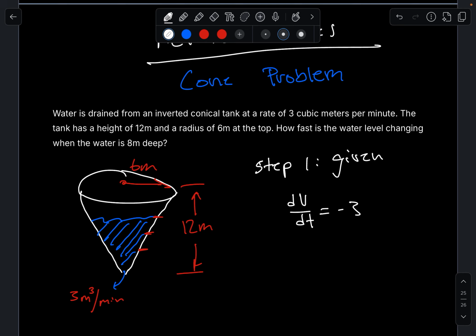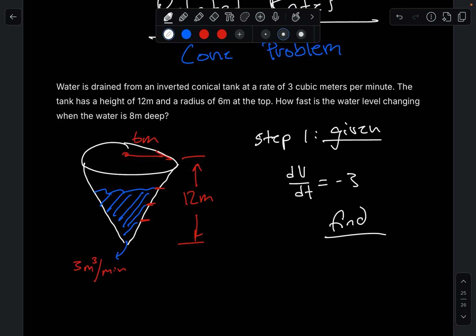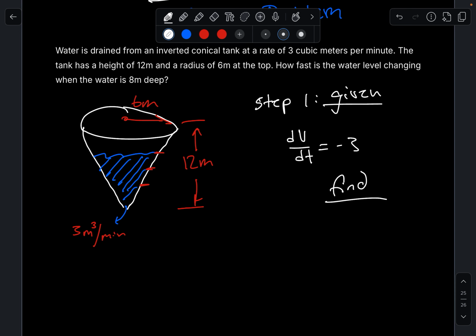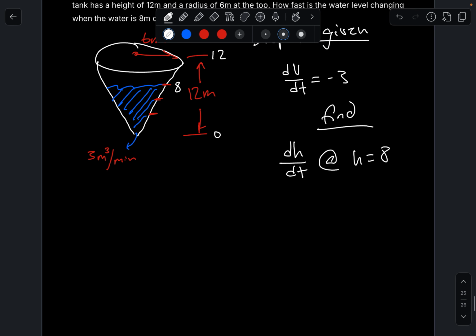And what we want to find is dh/dt at h equal to 8. So this is 0, this is 12. When it's 8, we'll say 8 is about there. What is the rate of change of the height in terms of time? All right, so let's go on.